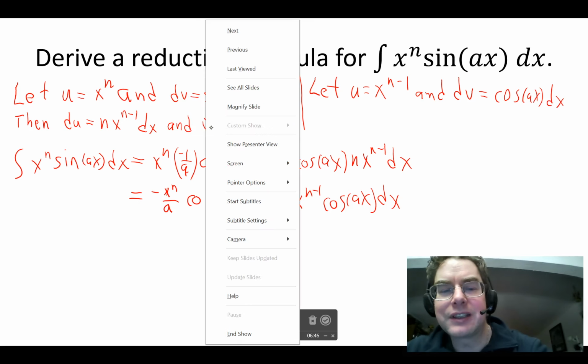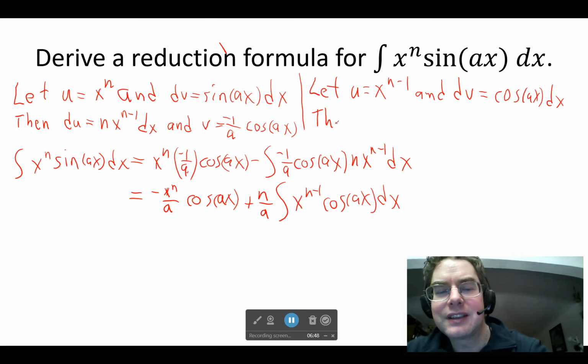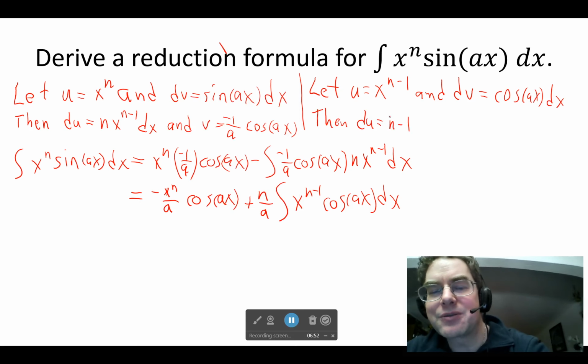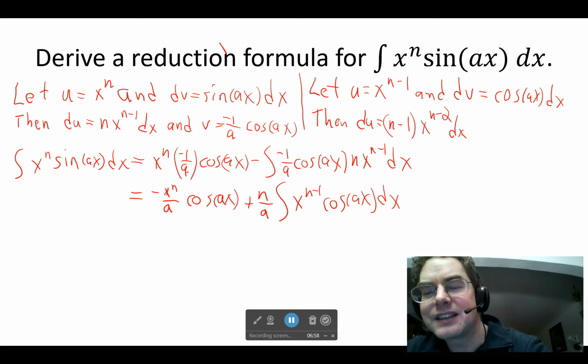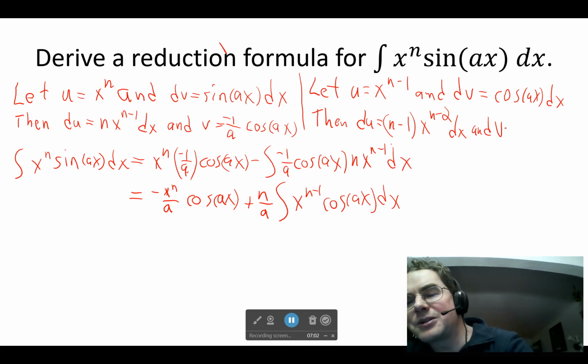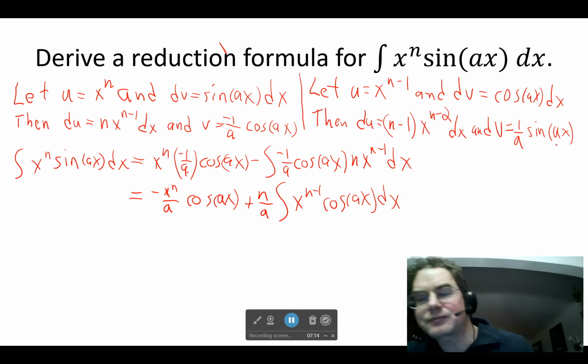And that then will lead us to du equals n minus 1, got to have some parentheses in there, x to the n minus 2 dx. And v, similar to what we saw before, we're going to get that 1 over a, and this time sine, no minus sign this time, sine ax.